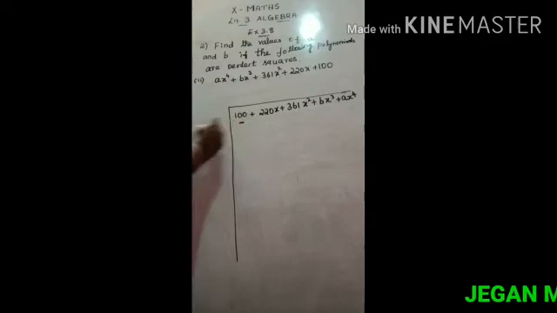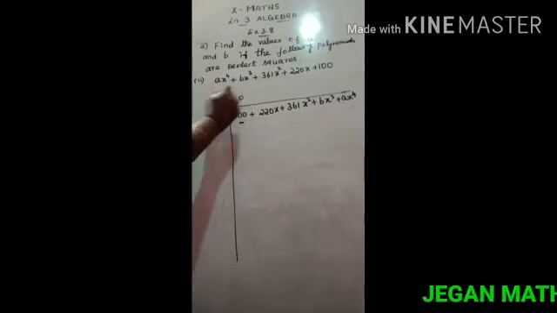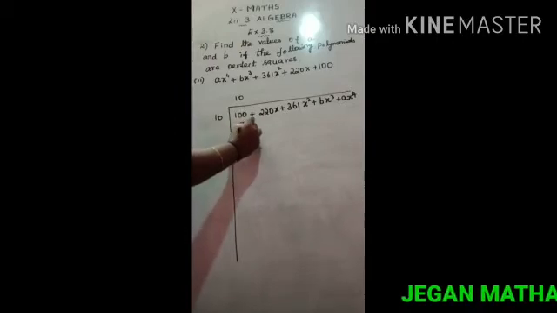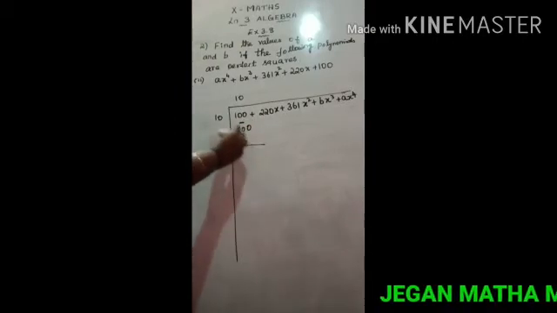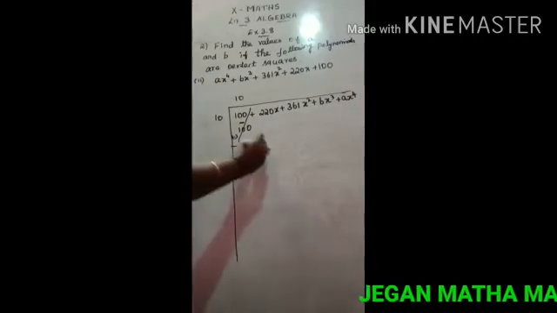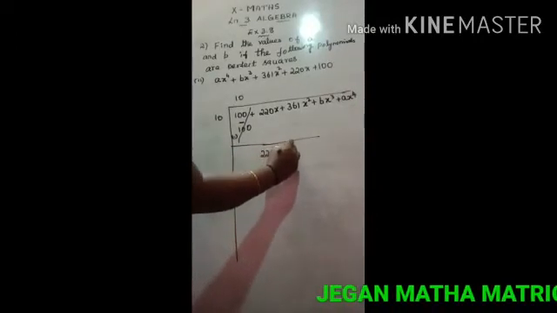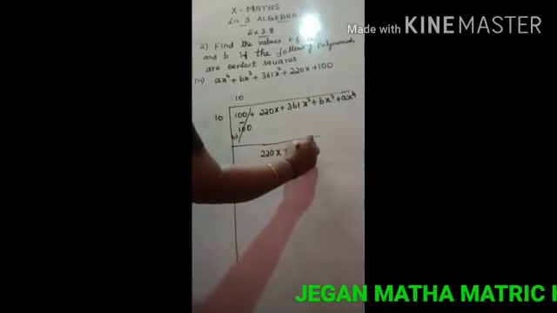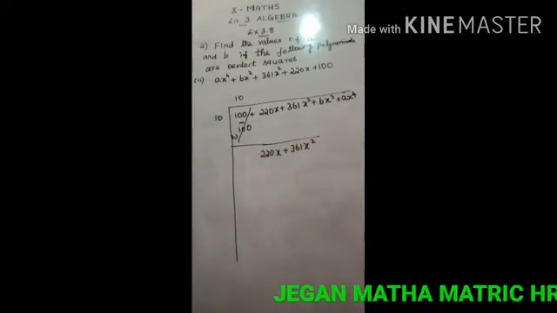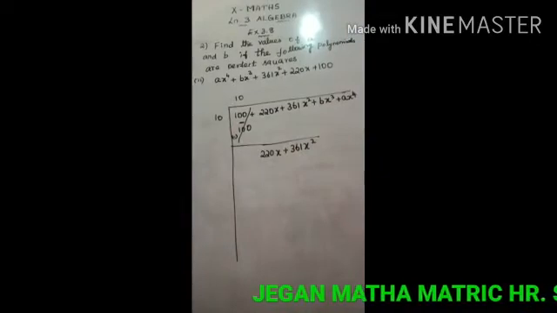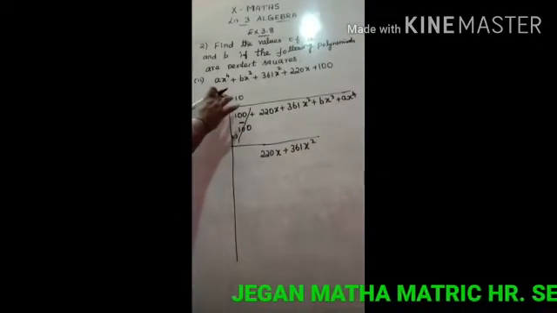We take 100. The square root of 100, we have 10. 10 tens are 100. Change the sign. This is cancelled. Write the next two terms, 220x plus 361x square. In the second step, multiply by 2.